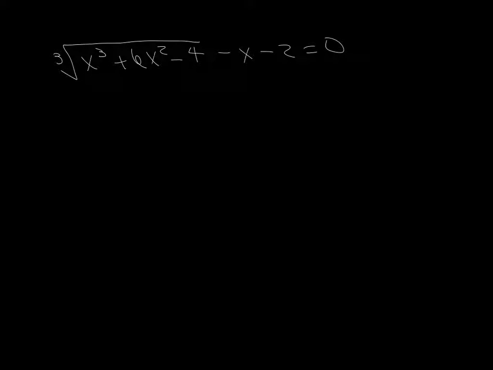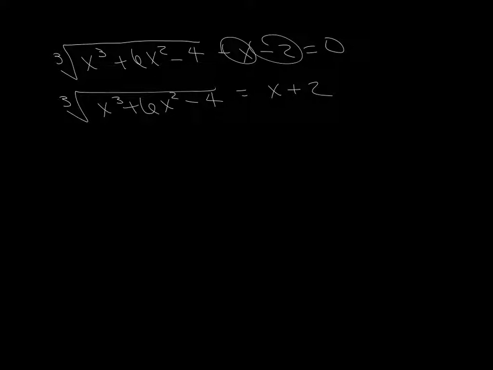We're going to get just this part on the left side of the equal sign before we do anything else. So we write it as the cubed root of x cubed plus 6x squared minus 4, and we move the other stuff over to the other side by adding the x to both sides and adding the 2 to both sides.